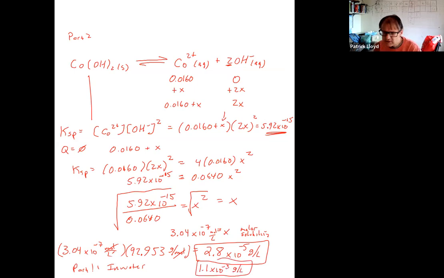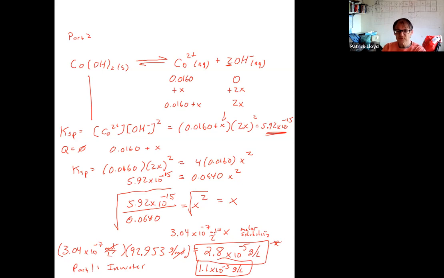Okay, take a look at what happened here. In water, it was 10 to the minus 3 grams per liter. Not very soluble, but if it were toxic, 1.1 times 10 to the minus 3 grams per liter would be very bad. But look what happens when we have the common ion. By adding the common ion in this problem, we've lowered the solubility, right?